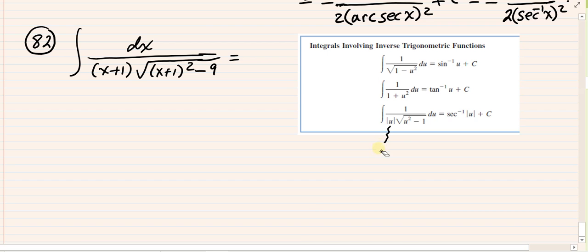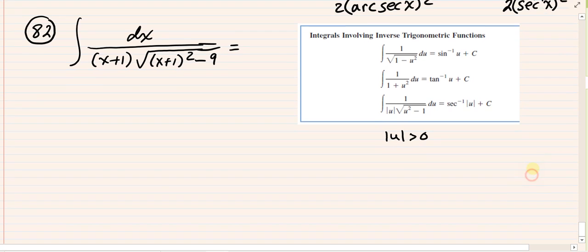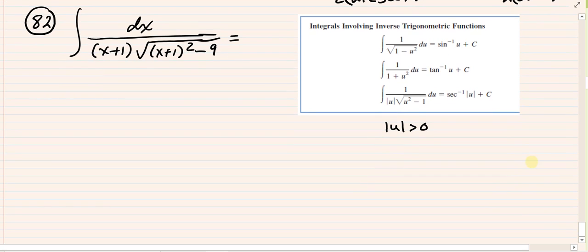But it's important to keep in mind what's in here, this factor. It's got to be positive, right? Because we know the absolute value of u is positive. So this right in here, right now, we don't know if it's positive or negative. So we're going to make an adjustment in our answer in the end to accommodate for what I just mentioned. But let's proceed with this one.